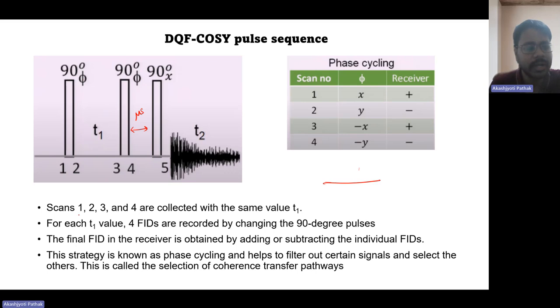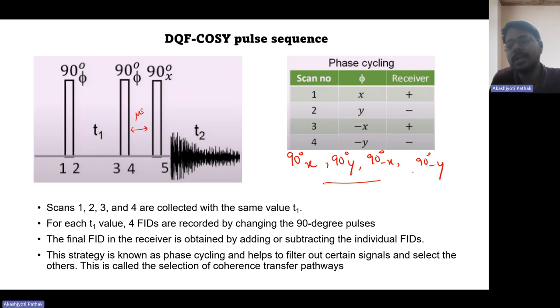So what is done over here? Scans 1, 2, 3, and 4 are collected with the same value of T1. After this T1 time period, keeping the same T1, four different scans are made. The first scan will be made with 90° x, then 90° y, then 90° minus x, and then 90° minus y.